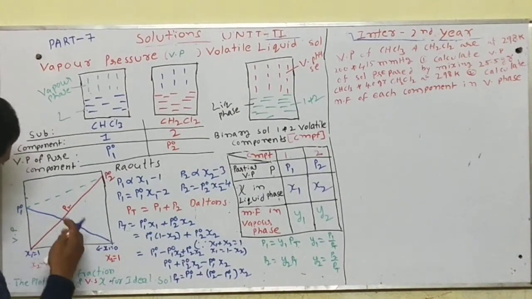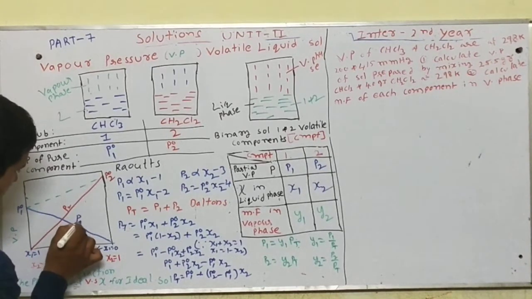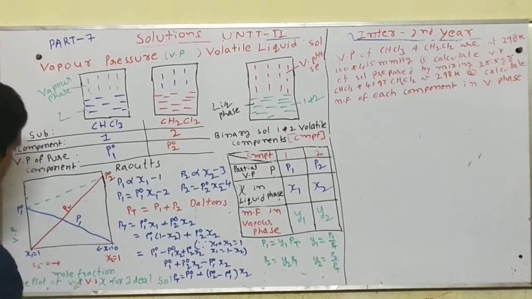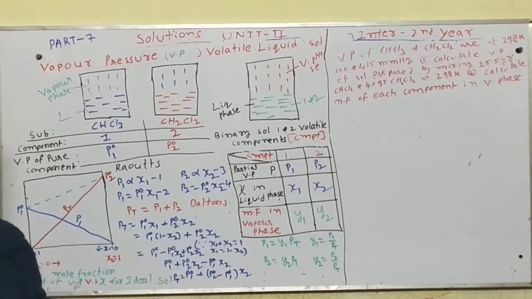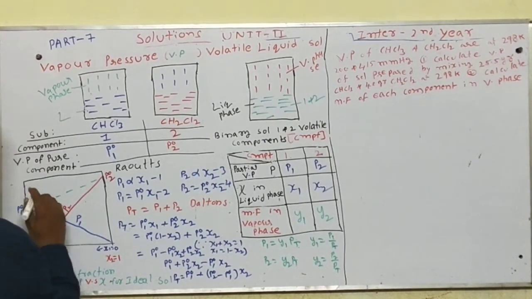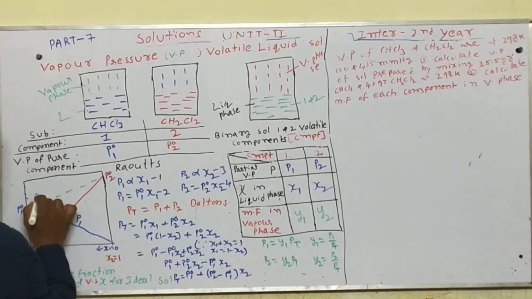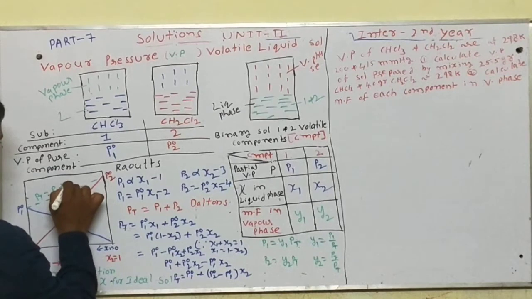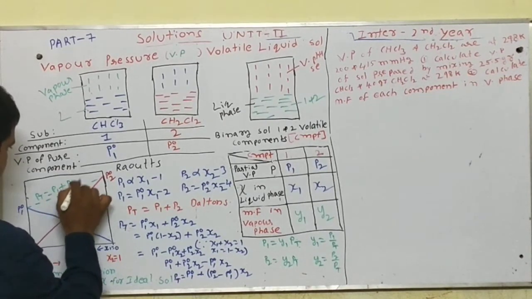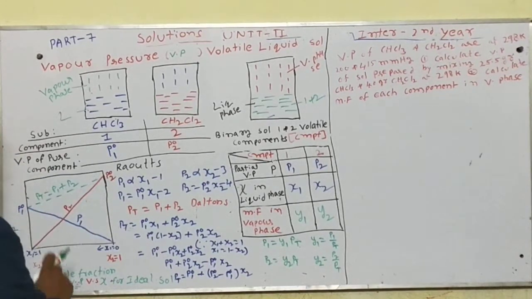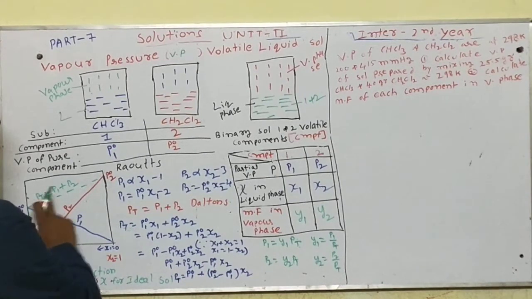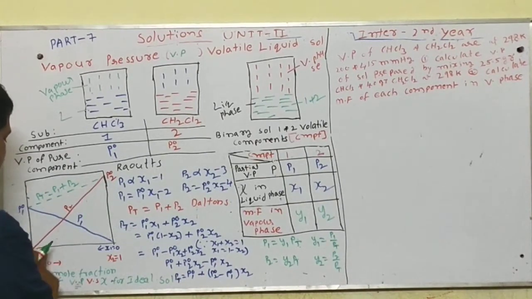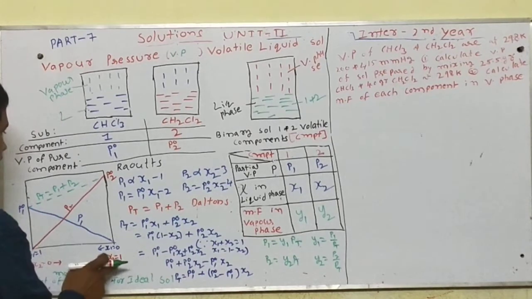This is P1, the partial vapor pressure of component 1. And this line shows Pt is equal to P1 plus P2.